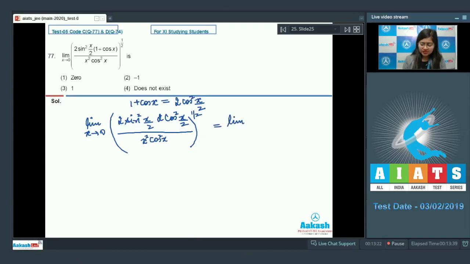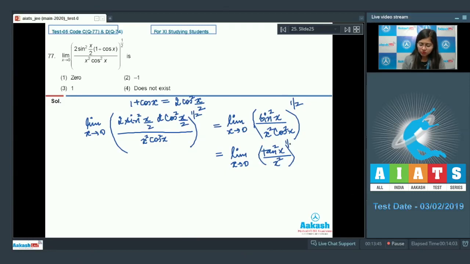So this can be written as limit x tending to 0, sine square x upon x square cos square x whole raised to the power 1 by 2. Now this can simply be written as limit x tending to 0, tan square x upon x square raised to the power 1 by 2.